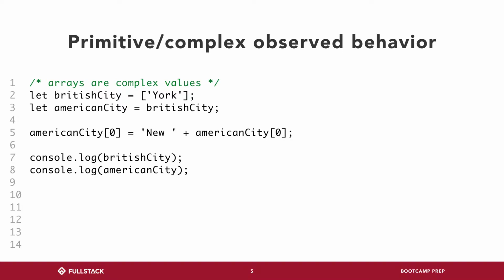So when we have another thing, American city, and allocate memory for it, like before, we're declaring a variable, say at 0x333. But we're not making a copy of what's being stored here, because the only thing being stored here is a reference.